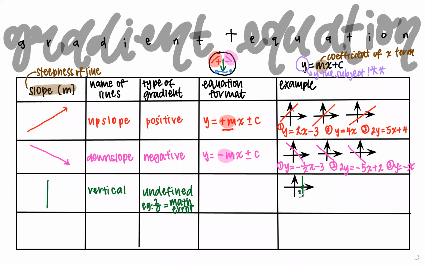So guys, can you see this vertical line here? In exam, if you get 2 divided by 0, it's math error, it doesn't matter. It just means that it's a vertical line, meaning the gradient is undefined.